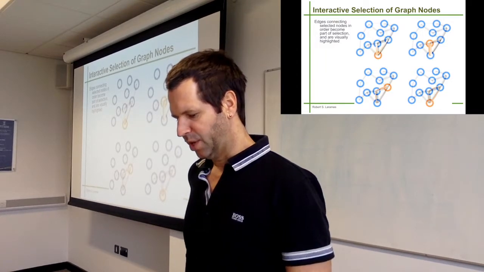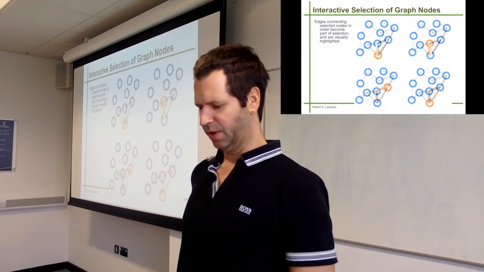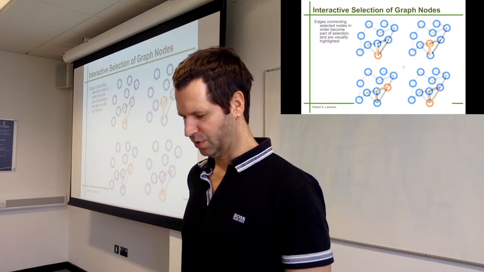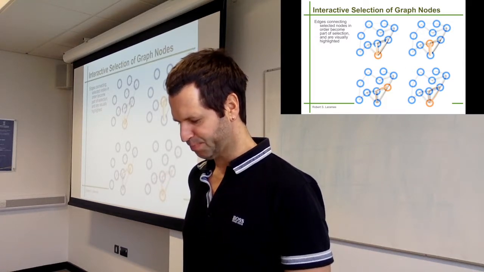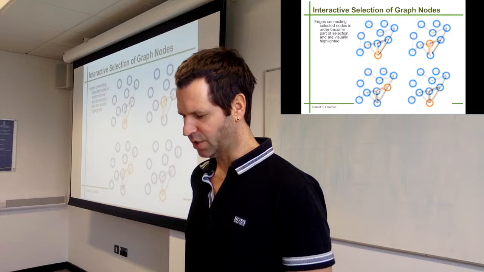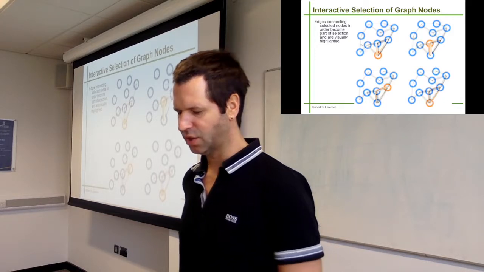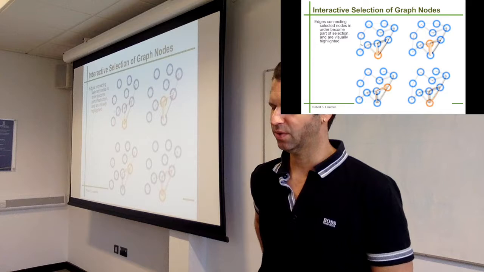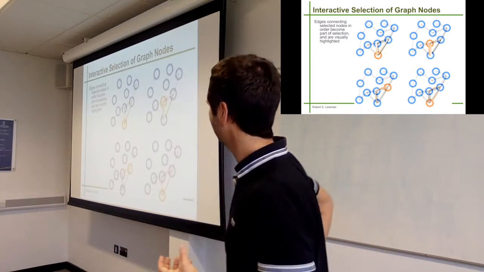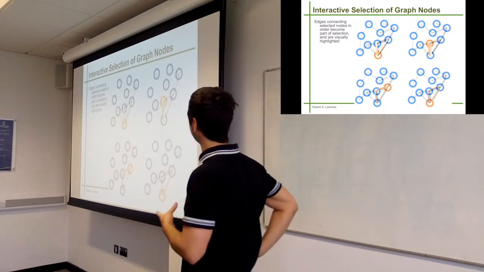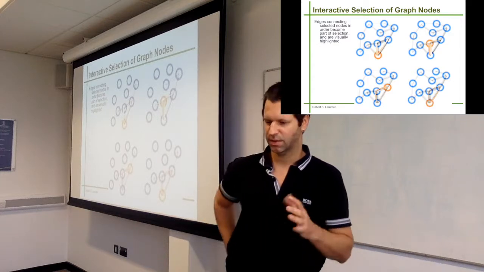This is an example that shows a user clicking different nodes in a graph, and the edges are highlighted to the corresponding neighbors. So here the user clicks on this node and the edges are highlighted. This is actually interactive, so we're trying to represent something that's interactive in some static images, which is limited.